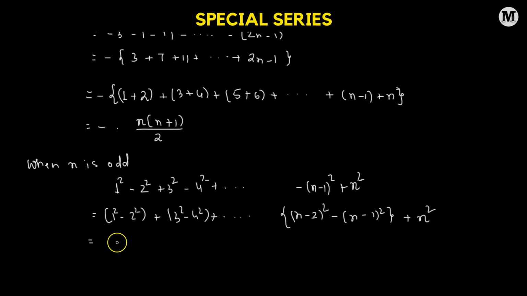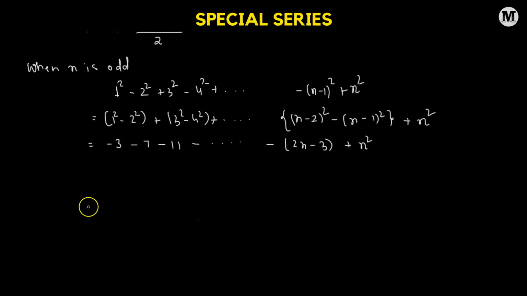So 1 squared minus 2 squared is going to be negative 3. 3 squared minus 4 squared is negative 7. Then we have negative 11, and this keeps on going till we get negative 2n minus 3. And then we have the last term, that is positive n squared. Now we'll take negative 1 as the common factor.